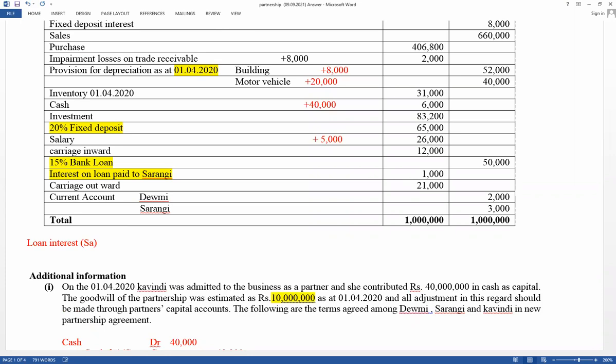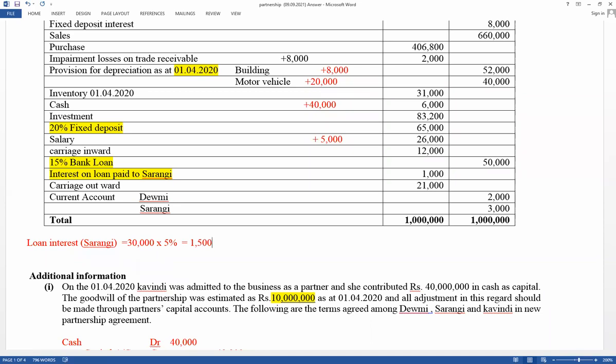That is a loan is given by the partner. Loan value equal 30,000. Interest rate is not given here. It has available section 24 of the Partnership Act. Therefore, interest equal 1,500.